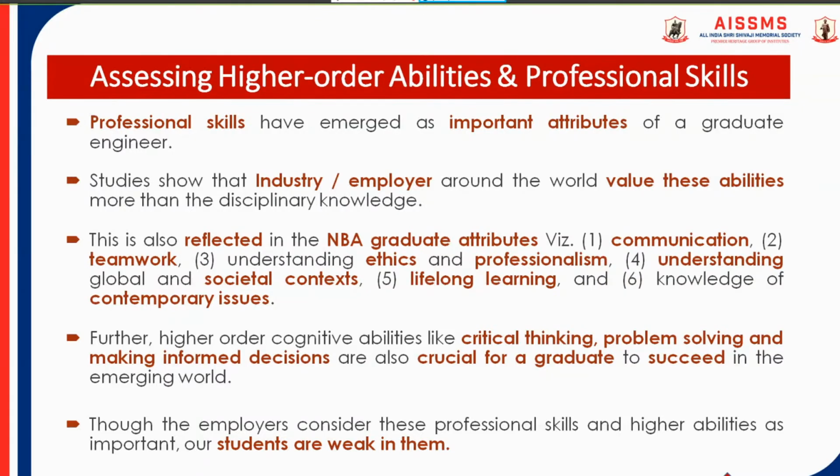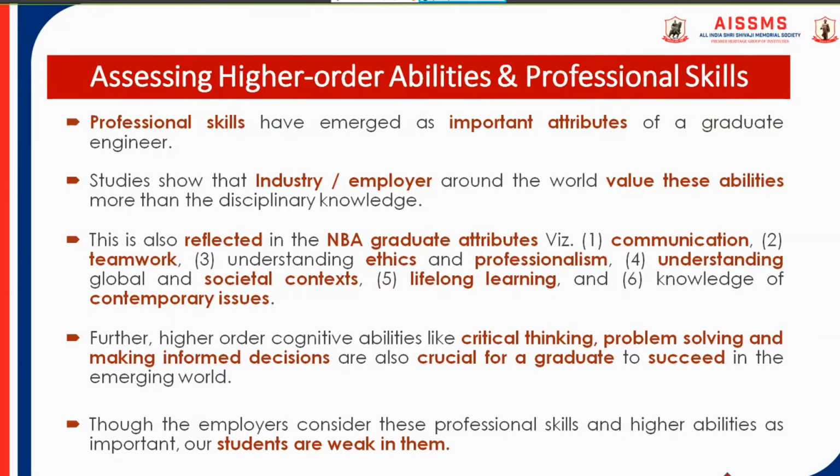Because the same thing we have been talking about when we talk about this outcome based education, the industries today are looking at whether a graduate student is conversant with certain things, whether he has gained certain knowledge, whether he has gained certain skills. So these are very important things: industries around the world are looking at the abilities of the students rather than what degree they have.